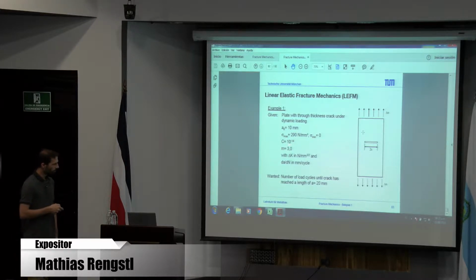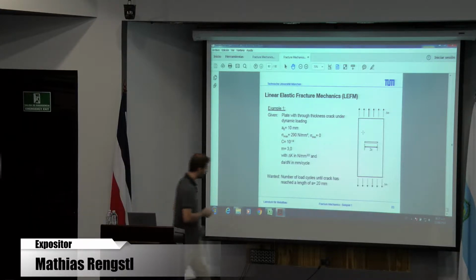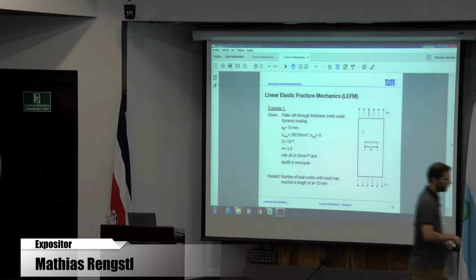And also here we have some values due to our Paris law. So the Paris law is just the description of the continuous crack growth.